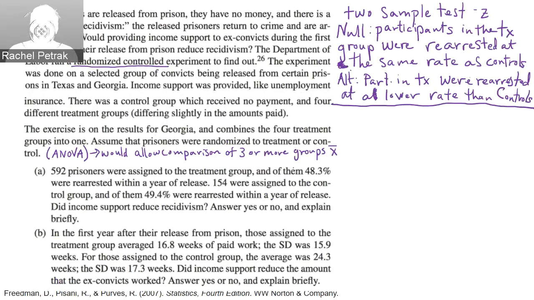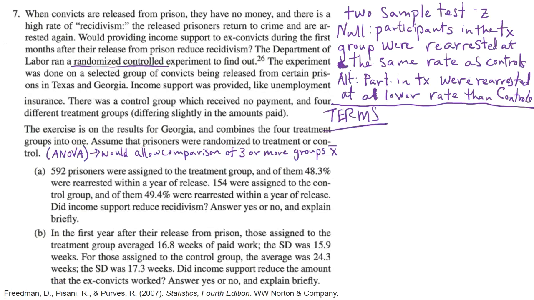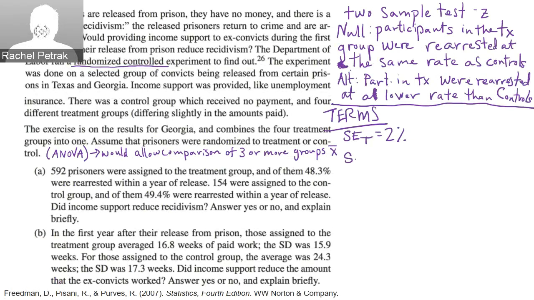So we can get our terms here. The SE for the treatment percent is 2%. And the SE for the control group is 4%.